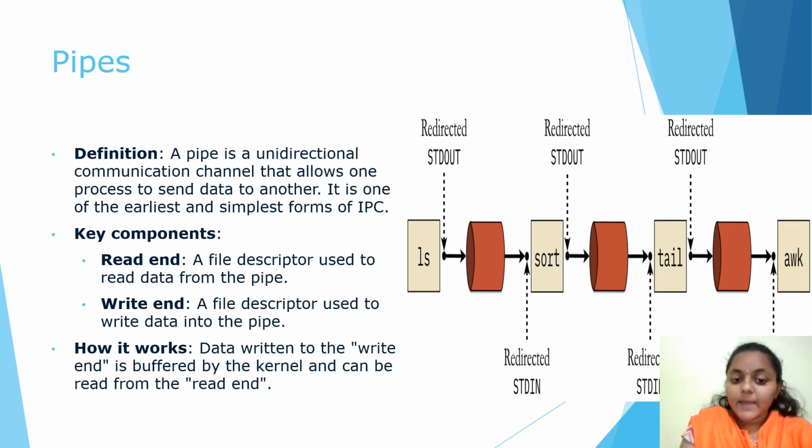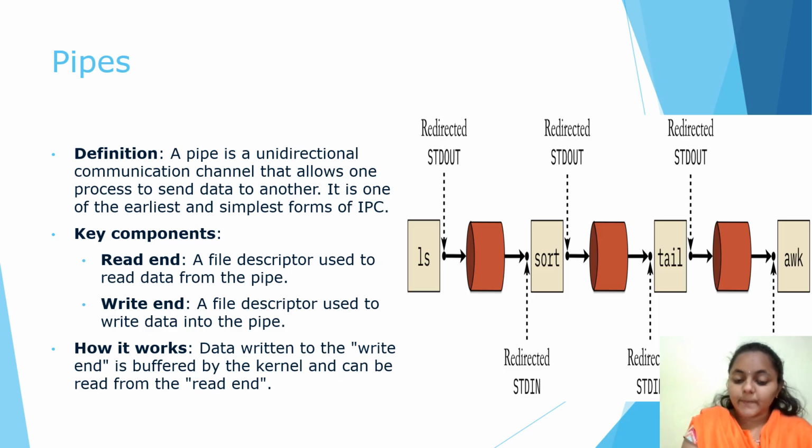Pipes. A pipe is one of the simplest forms of inter-process communication. It acts as a unidirectional channel that allows data to flow from one process to another. Key concepts: the write end, used by the sender process to write data, and the read end, used by the receiver process to read data.